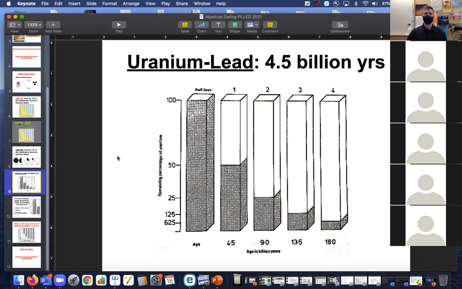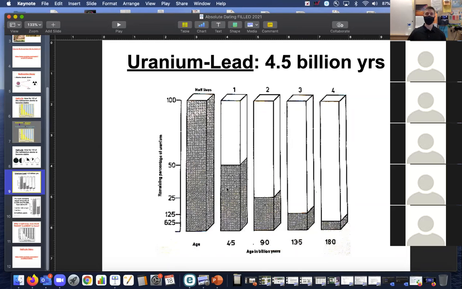One of the things mentioned in the video clip was uranium changing to lead. So the half-life of uranium is 4.5 billion years, which is pretty much the age of the Earth. So every 4.5 billion years, half of the uranium is not radioactive anymore.